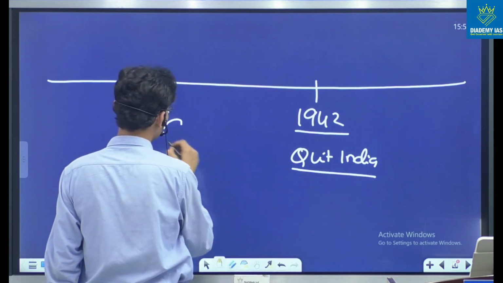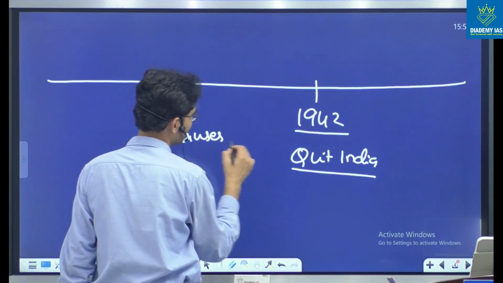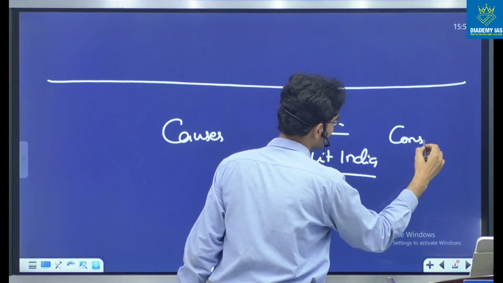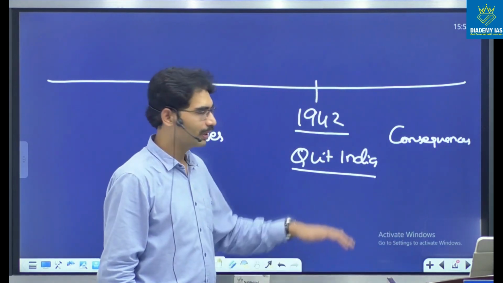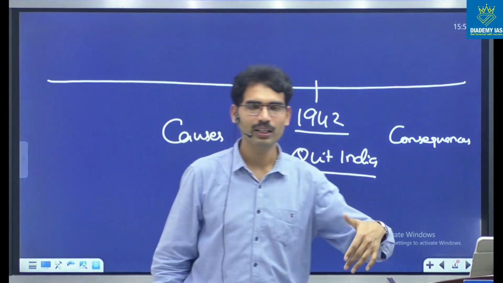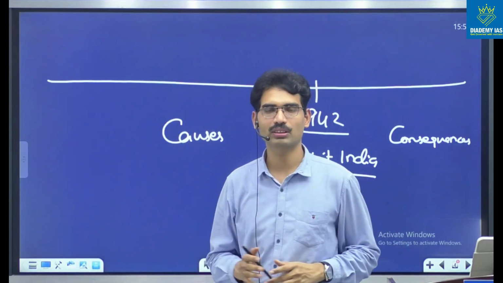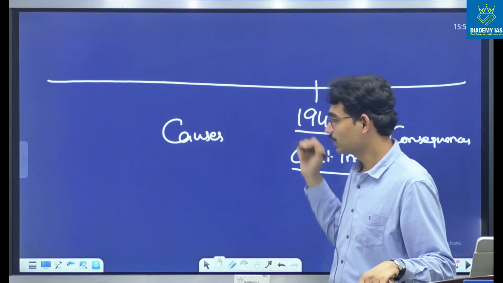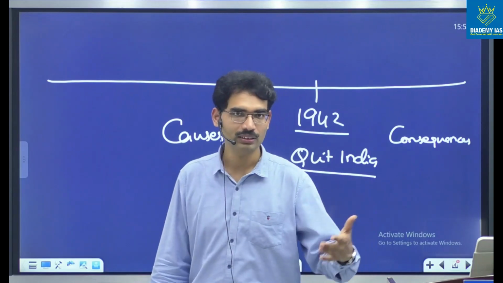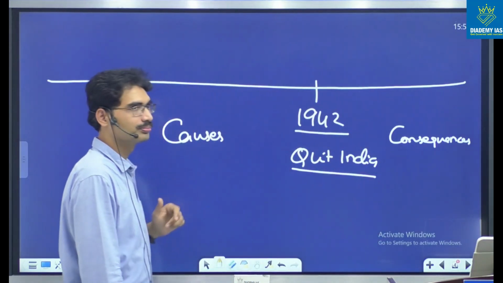So if you simplify it, causes and consequences. Easiest question. Because the Quit India movement is a very important landmark event in our modern Indian history, and thereafter we got independence. But before that, Indians were fighting a lot.